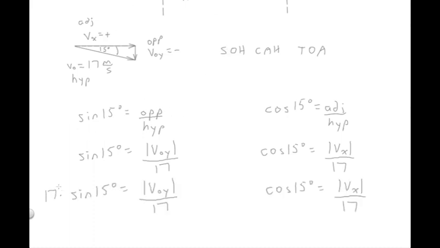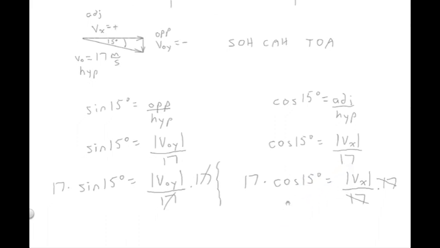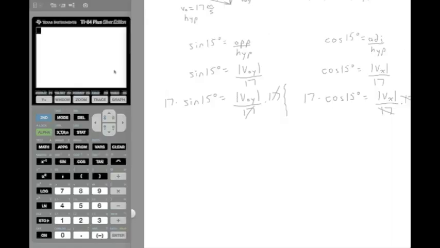As we try to get the variable by itself. Now we're ready to do the calculation on our calculator. 17 times sine of 15 degrees and 17 times cosine of 15 degrees.